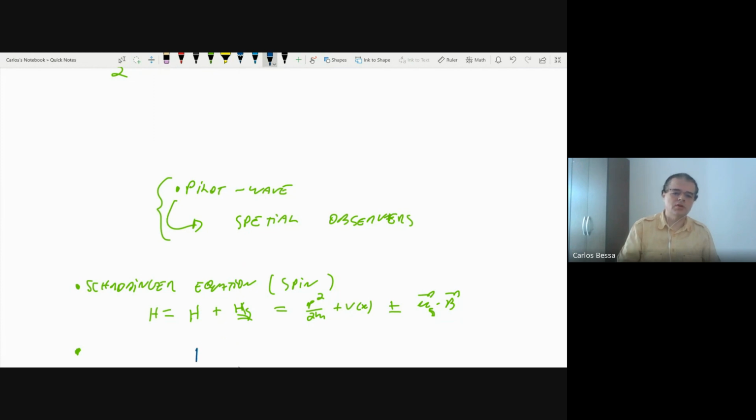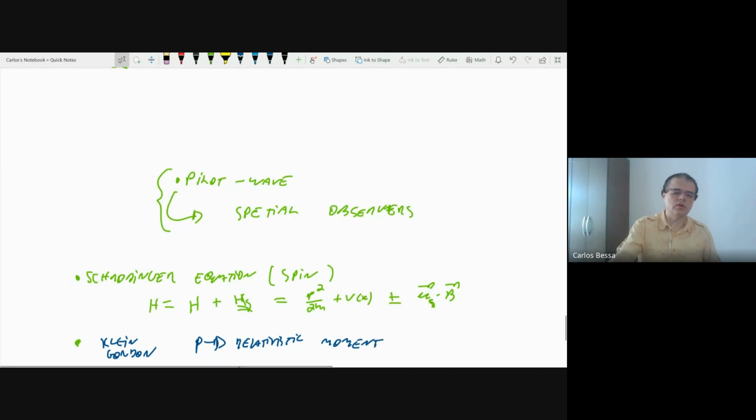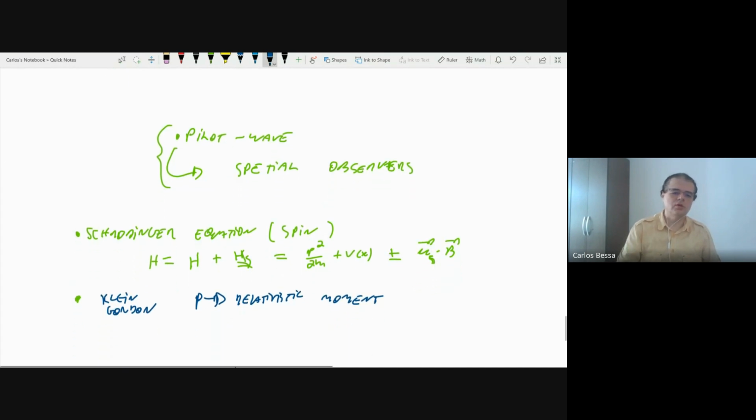So P in the Klein-Gordon version is the relativistic momentum, and you get the Klein-Gordon equation.